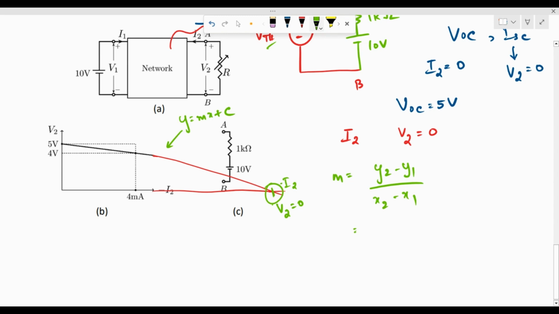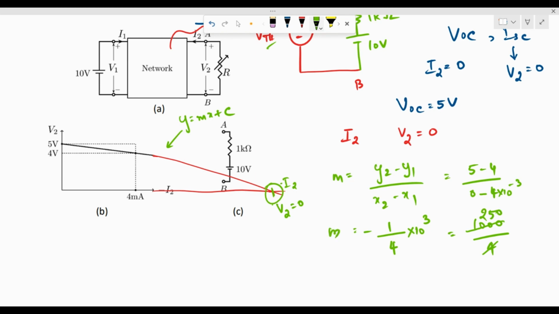Here y2 is 5, y1 is 4, x2 is 0, x1 is 4 milliamps. So I can write this as 5 minus 4 by 0 minus 4 into 10 power minus 3. So that is 1 by 4 into 10 to the power 3, and there is a minus sign here. So that's 1000 divided by 4. So this is 250. This is my slope.